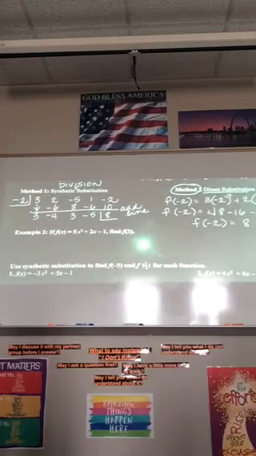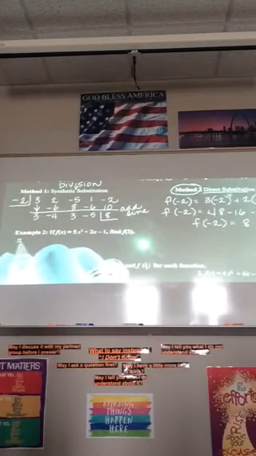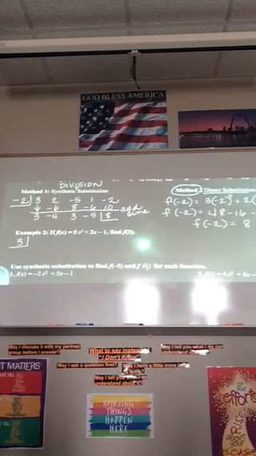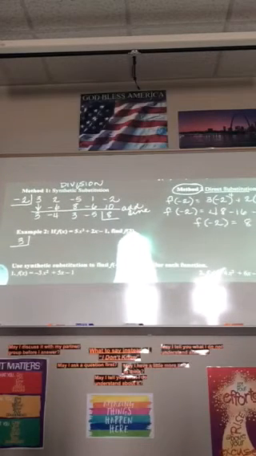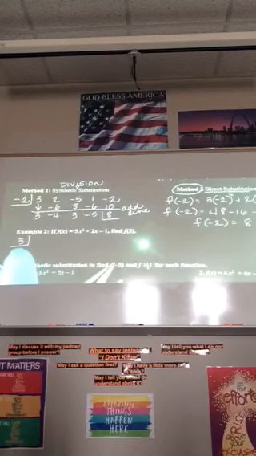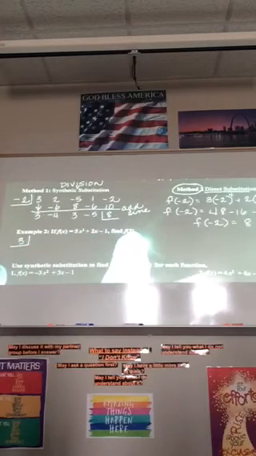Let's try synthetic substitution. I will say this is a favorite method for most math people. Remember that when you're already told that x equals 3, you do not have to change the sign. So put in whatever this input number is, put that in our half box.